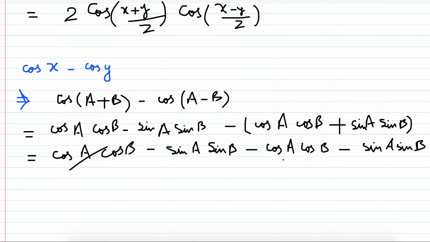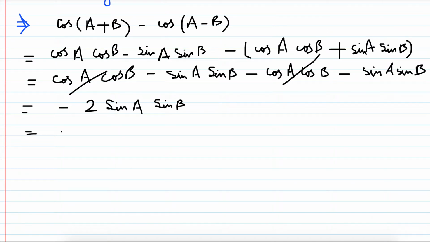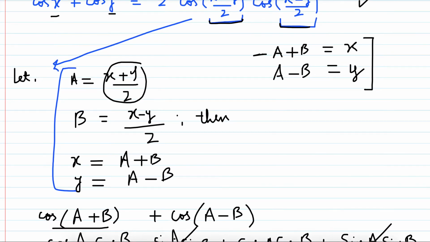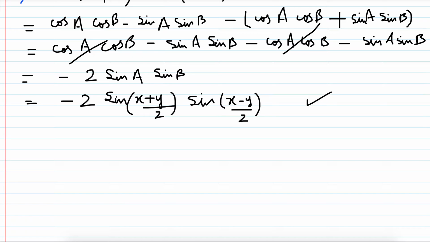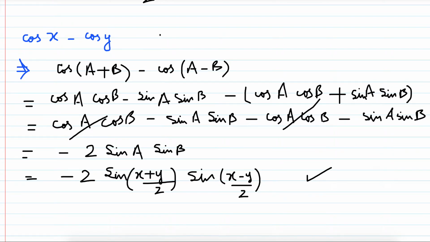So this cos a cos b gets cancelled with minus cos a cos b, and we are left with minus 2 sin a sin b. Then in place of a we can put x plus y by 2 and b as x minus y by 2. So this would be the same as cos x minus cos y.